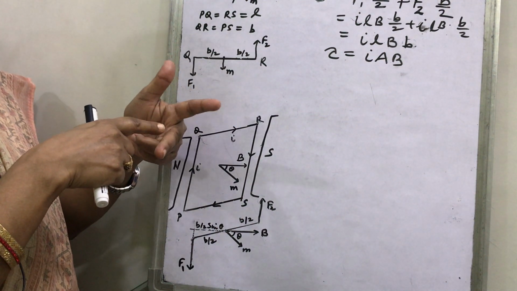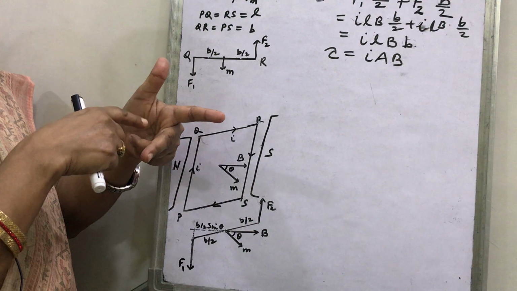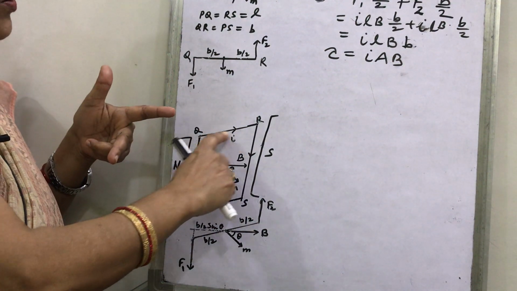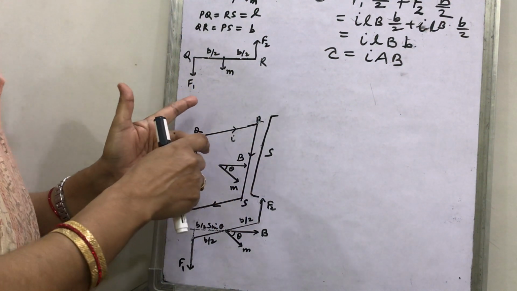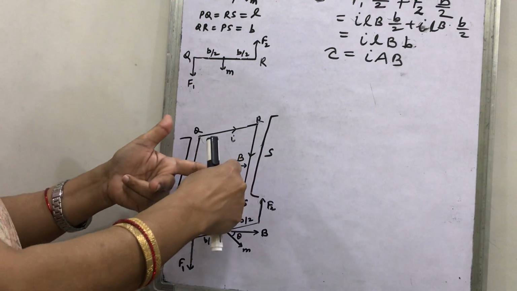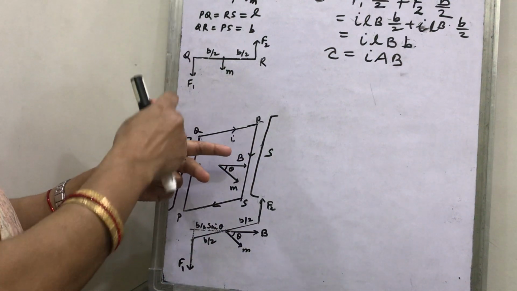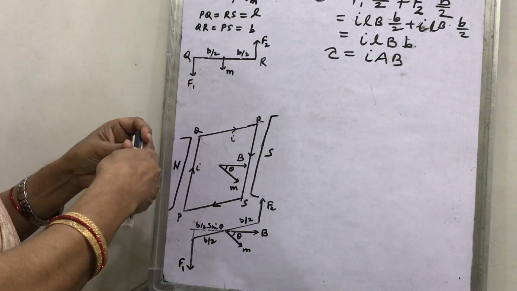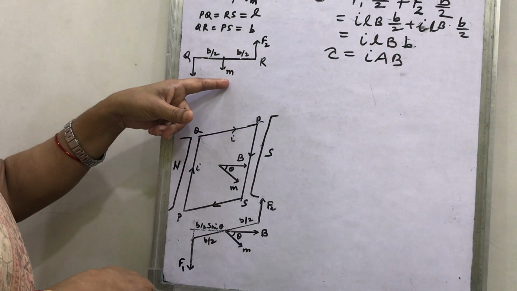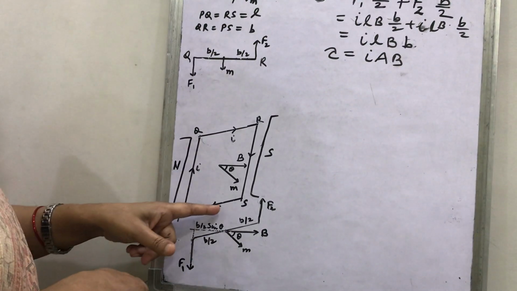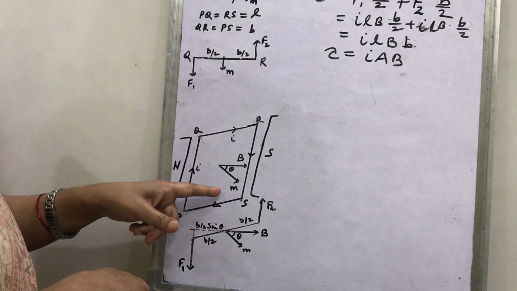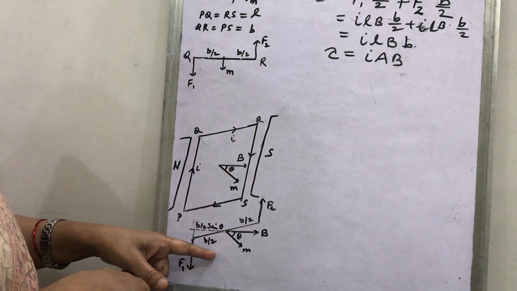So the force will be perpendicular, and for the QR arm, the force will act in this direction vertically upward, and for the PS arm the force will act vertically downward.